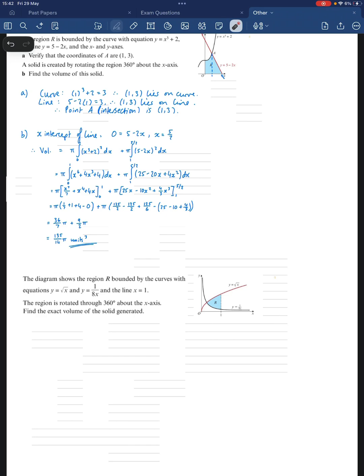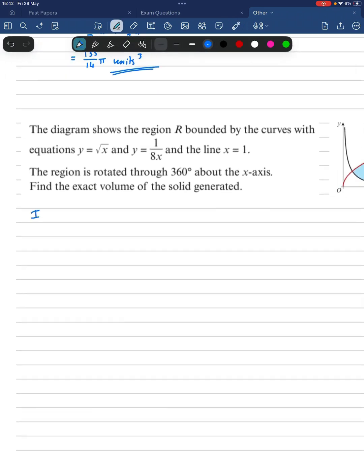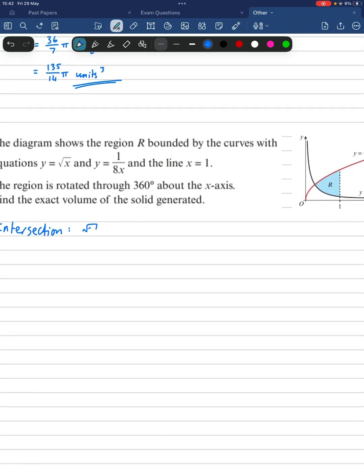So the first step is to calculate the point of intersection. Well, this is going to be when root x is equal to 1 over 8x. So 8x root x is equal to 1. This is an indice, that's going to be 8x to the 1 plus a half, 3 over 2, equals 1.